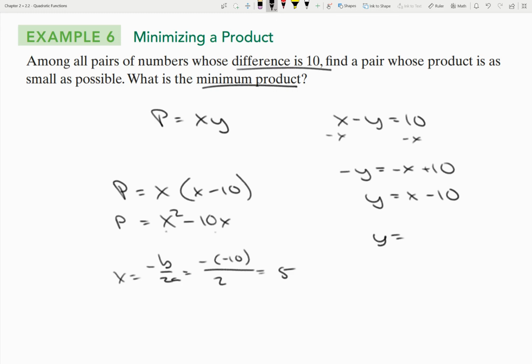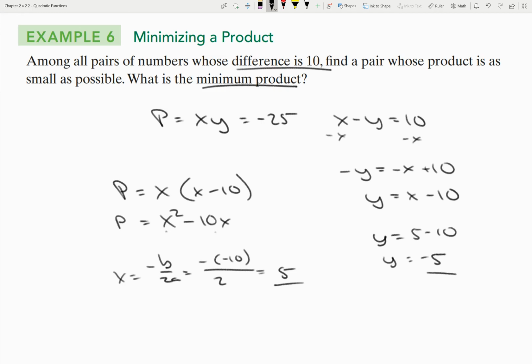I can also plug it into the quadratic: 5 squared minus 10 times 5, so that's 25 minus 50. That didn't work. Let's plug it back into this equation instead: 5 minus 10 gives me y equals negative 5. Okay? And so those are my two answers, 5 and negative 5. That would make my product negative 25, which is as small a product as you can get. That would be the minimum.